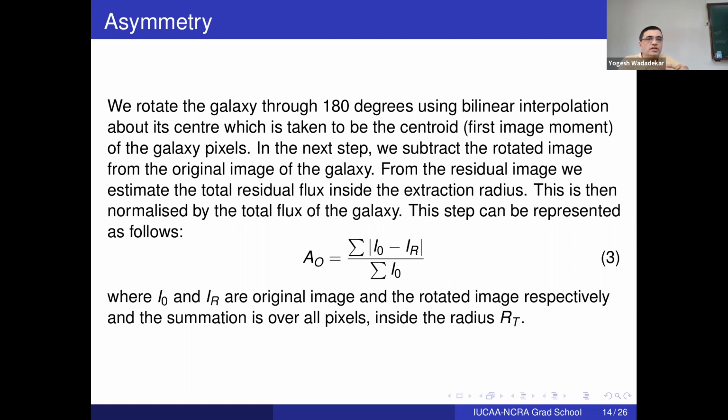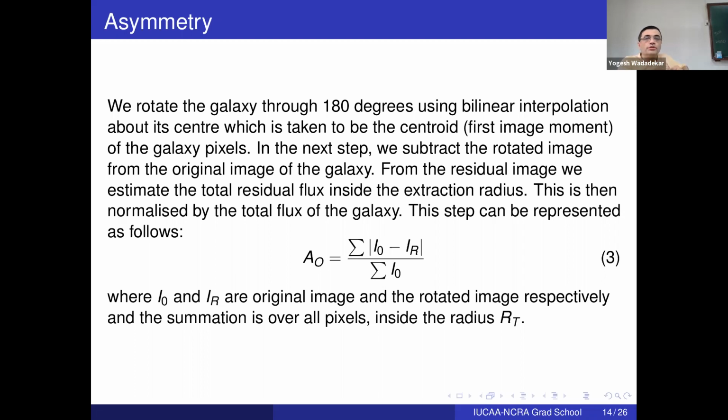And from the residual image, we estimate the total residual flux inside the extraction radius. This is then normalized by the total flux of the galaxy. This step can be represented as follows. So you basically take the original image minus the rotated image divided by the original image, and the summation is over all pixels inside the radius R_T.